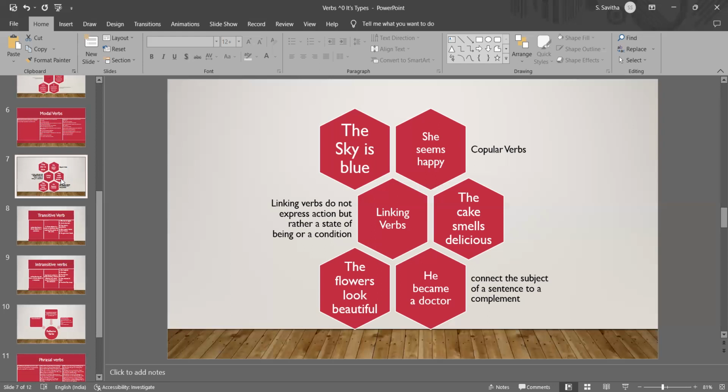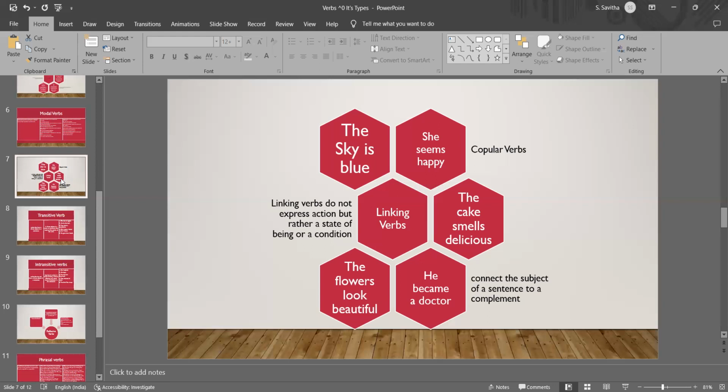Hope you can understand. Second example, she seems happy. Here in the sentence, seems is a linking verb, which connects the subject she to the complement happy, which describes her state of being, right?